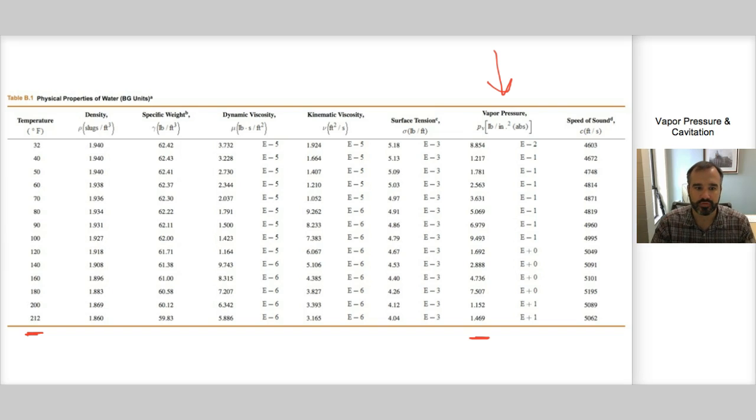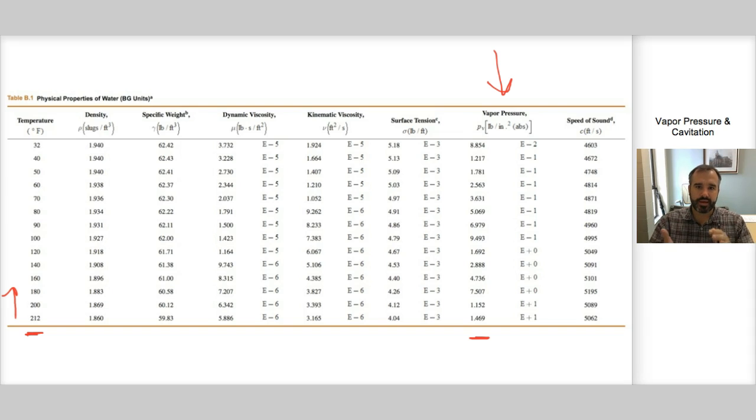We have boiling. At sea level that's the case, and as you increase elevation, the atmospheric pressure goes down, so the vapor pressure can be lower, and that's why water boils at a lower temperature at higher elevation. So that's boiling.